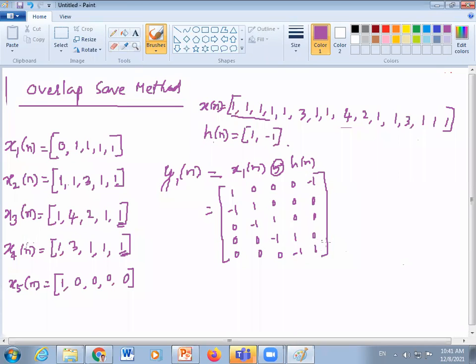This is the matrix we are writing for h of n, and we are taking the multiplier here as 0 1 1 1 1.